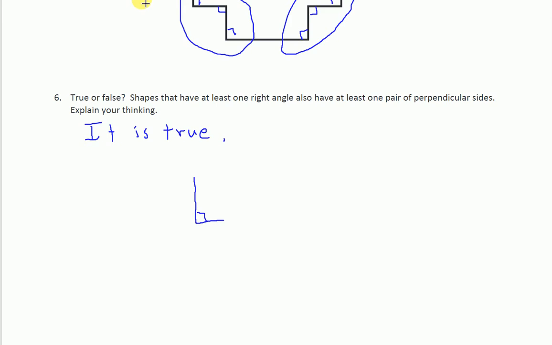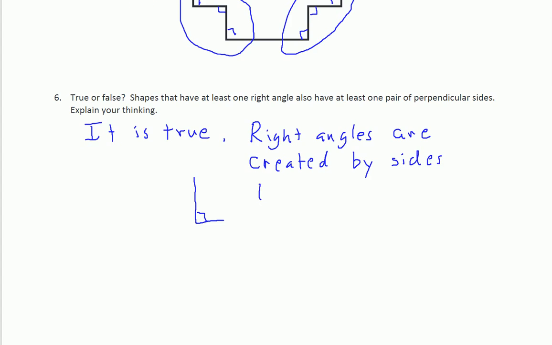Right angles, that's true because right angles are created by sides that are perpendicular. All right, lines that are perpendicular.